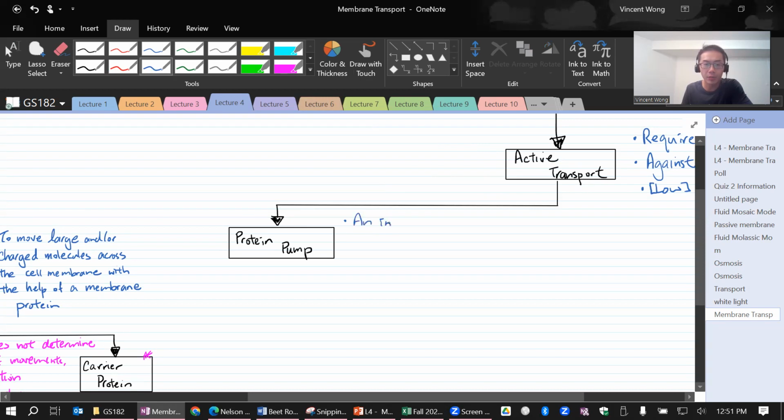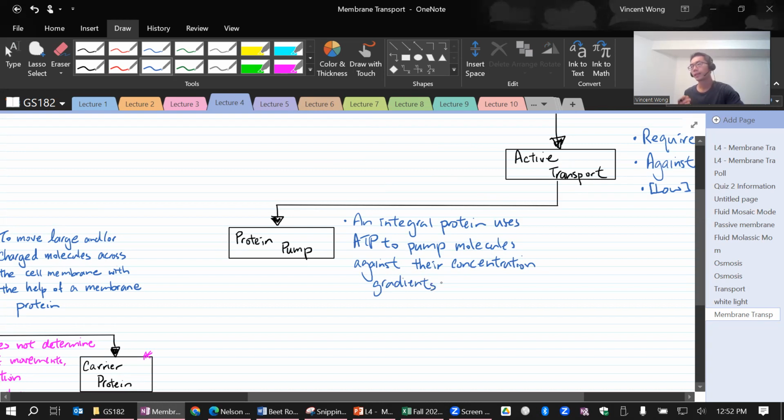Again, an integral protein uses ATP to pump molecules against their concentration gradient. One example I can give you is called the sodium potassium pump.